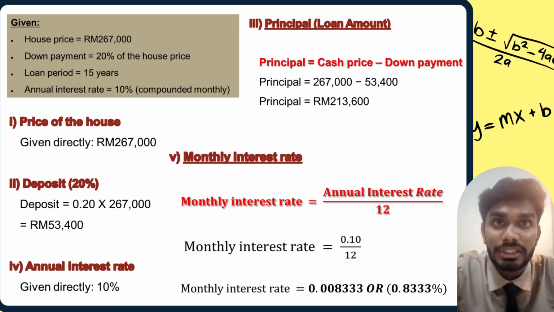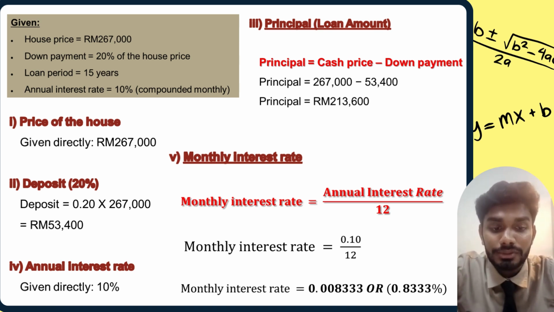Then let's move on to the monthly interest rate. To find it, we use the formula: monthly interest rate equals annual interest rate divided by 12.